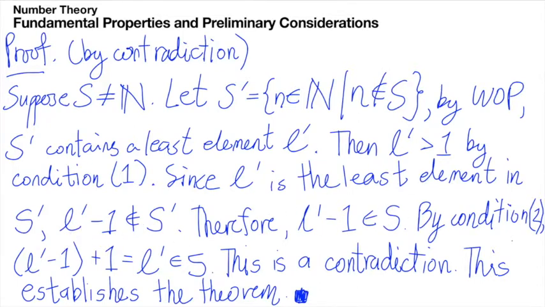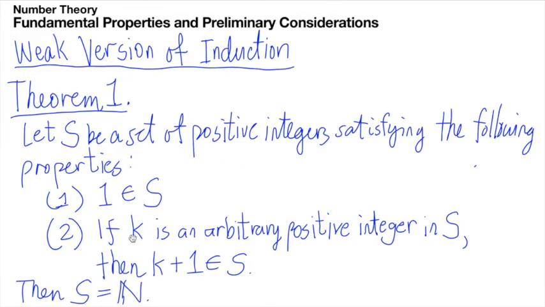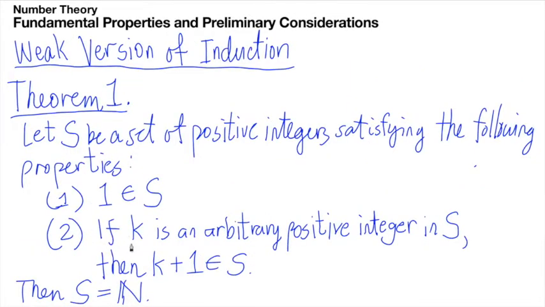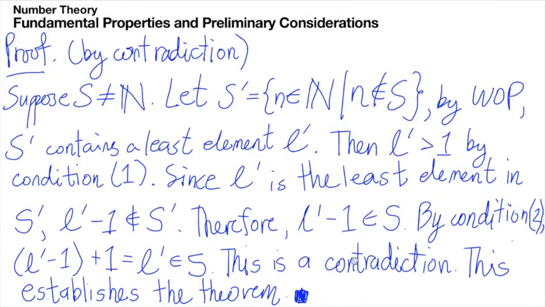Going back to condition 2, if any k is in S, then k plus 1 is in S. So L prime minus 1 is in S, and plus 1 must also be in S. This is a contradiction, because L prime is not just any ordinary element, it's the least element of S prime, which turns out to be an element of S, which is a contradiction.